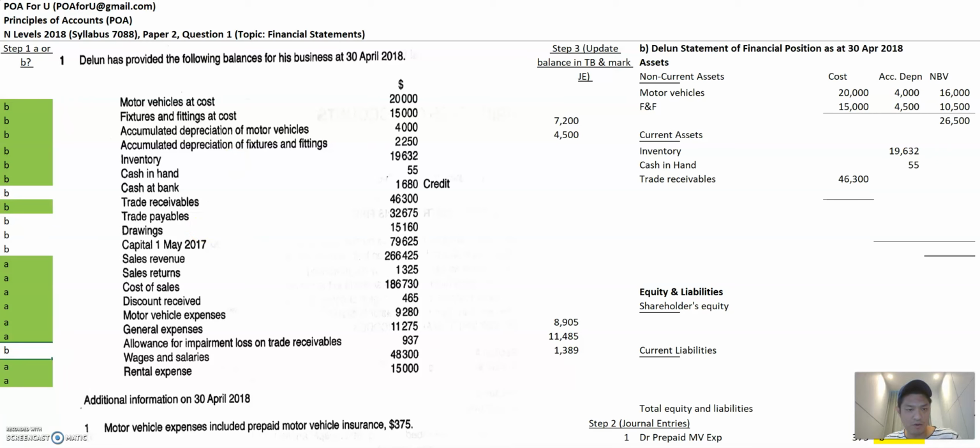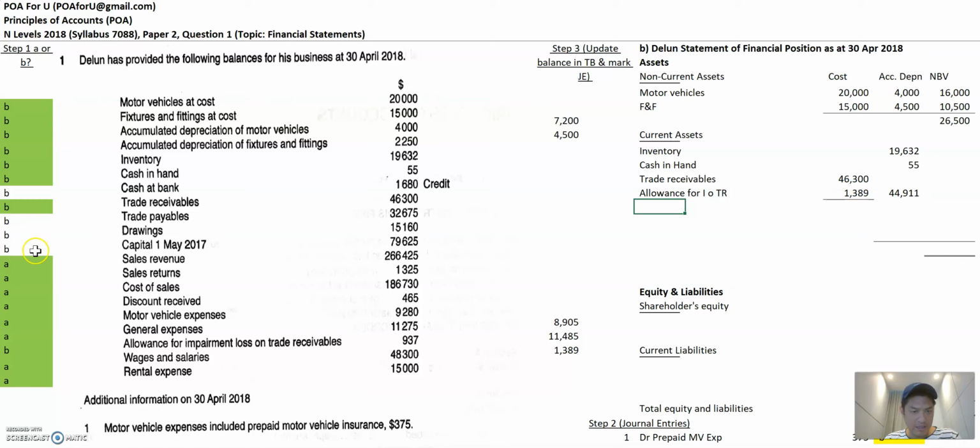So this part, I'm going to take this. I'm going to mark this as done. I'm going to move 1389. Remember, there is a new balance for impairment. I'm going to use a short form here of TR. Okay, and this is 1389. And the net trade receivables balance is 44911.